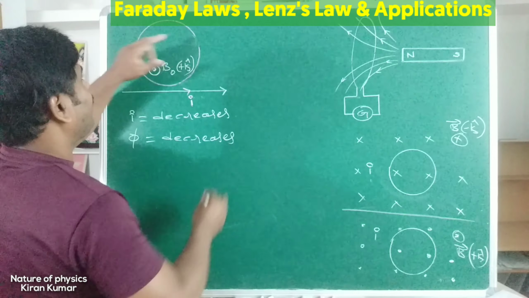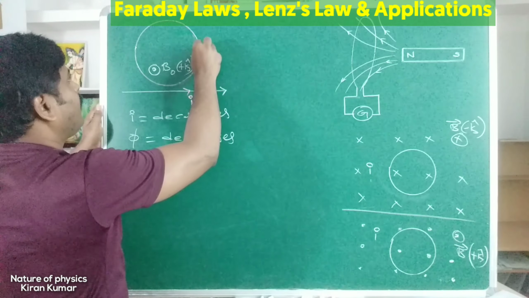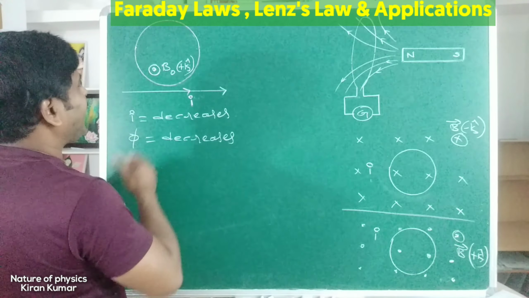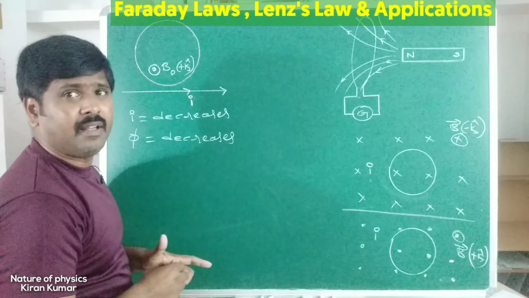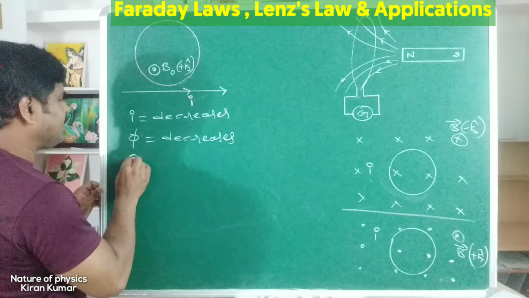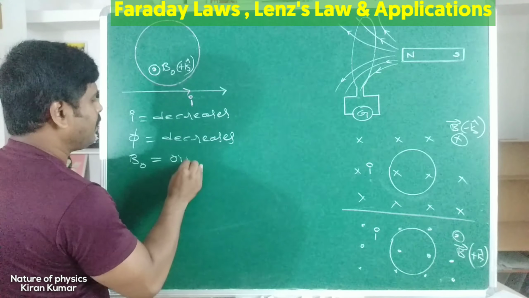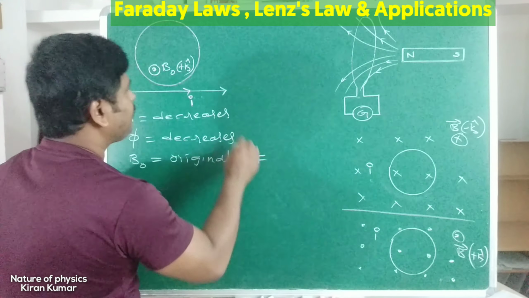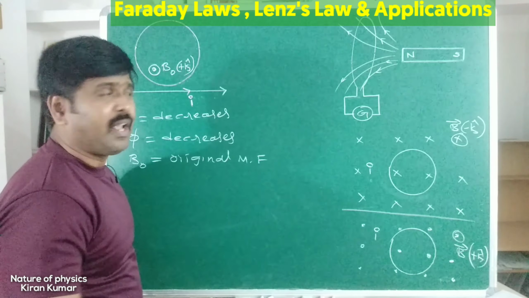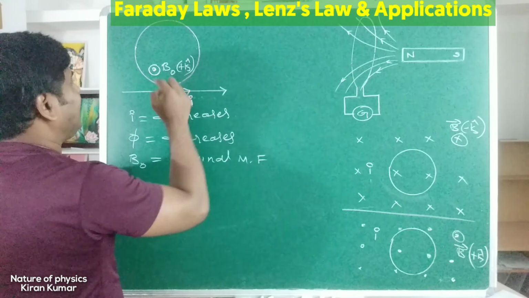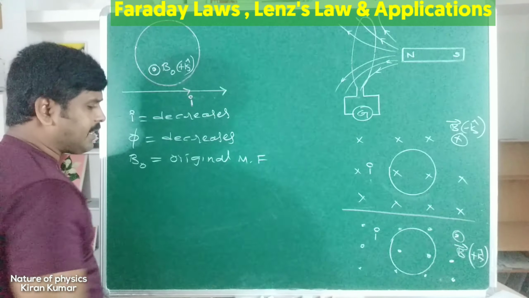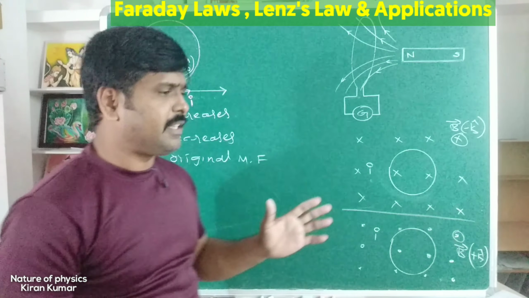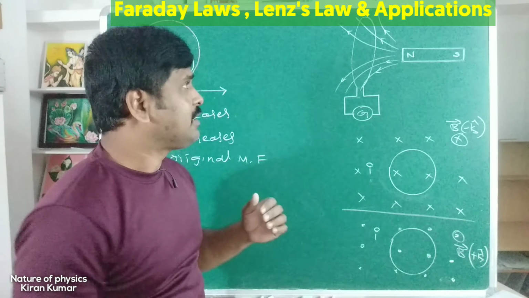This is the circular coil. In the circular coil the magnetic field is out of the paper, that is B naught, the original magnetic field produced by the conductor. Here the current decreases, which is nothing but the magnetic field also decreasing.